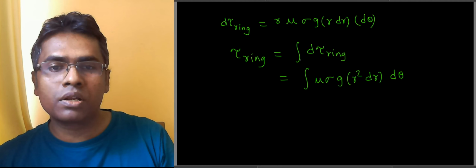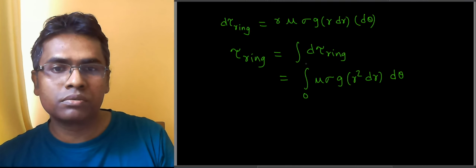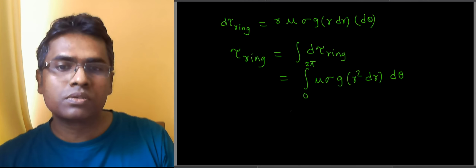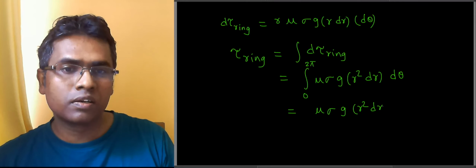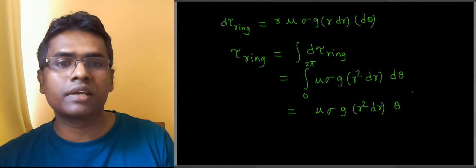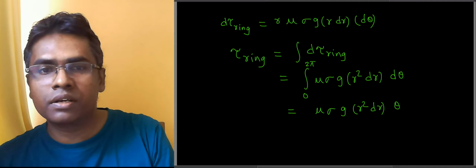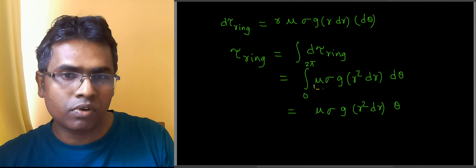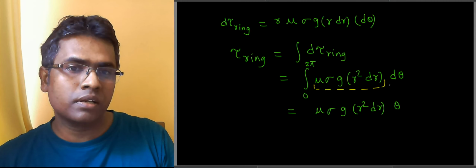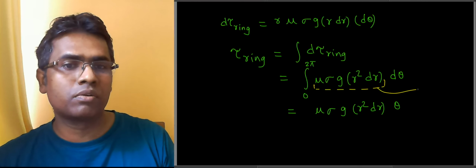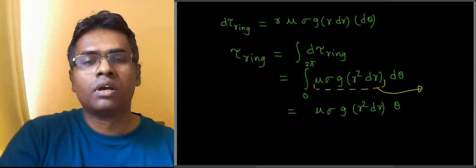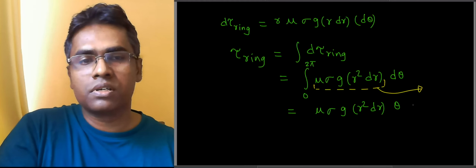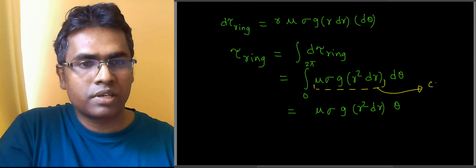Now, if I go all around the ring, I'm integrating from 0 to the total angle 2 pi. So here we get mu sigma g r square dr theta. So integral d theta is theta, because here we have to understand that all these quantities for this integral are constant. We are not trying to get into the double integral ideas, but we can still solve this problem using a single integral.